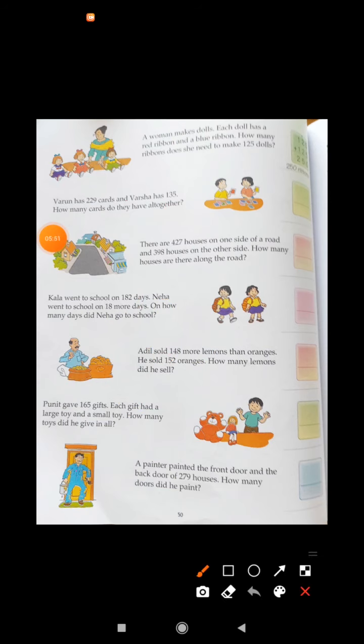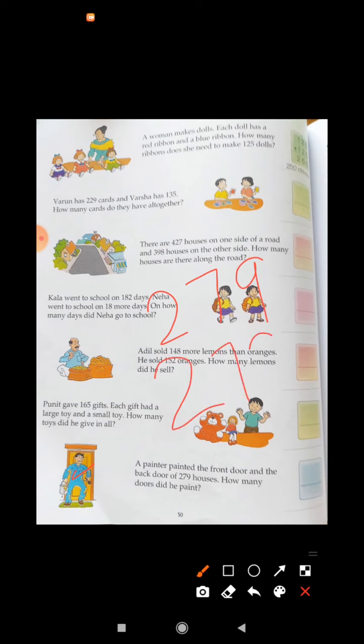Now last, a painter painted the front door and the back door of 279 houses. Total houses 279, and he painted the front door and back door of 279 houses. How many doors did he paint? So here what will you do beta? 279 he painted front doors.